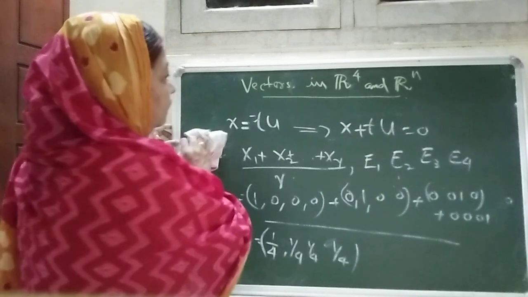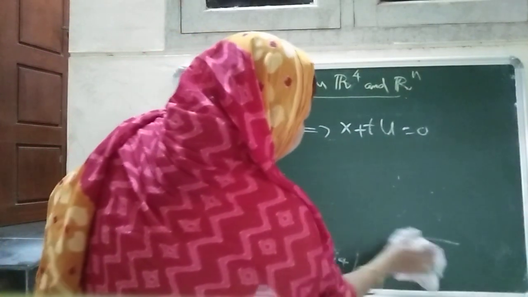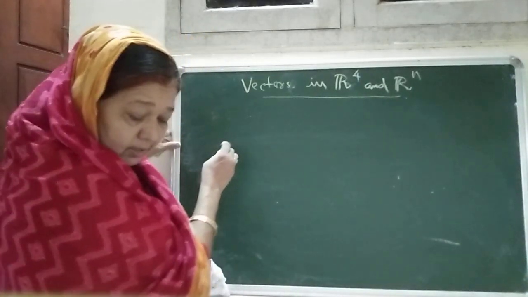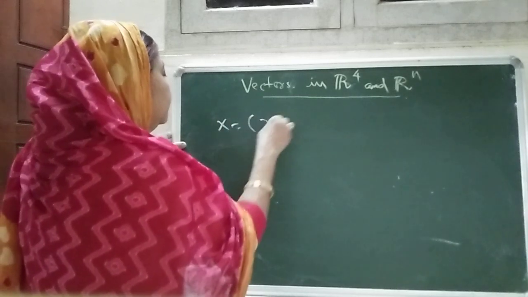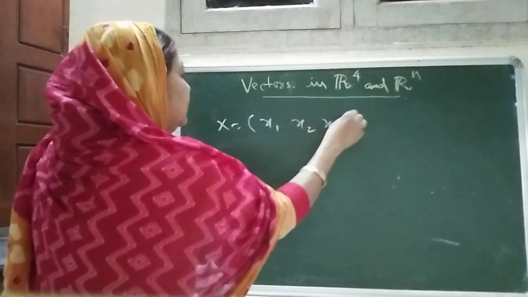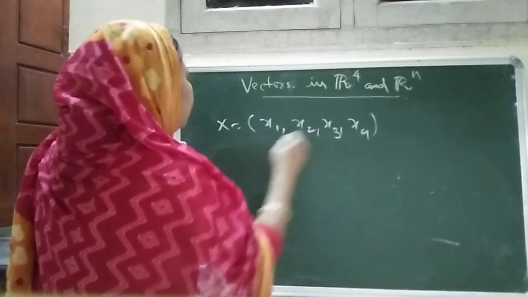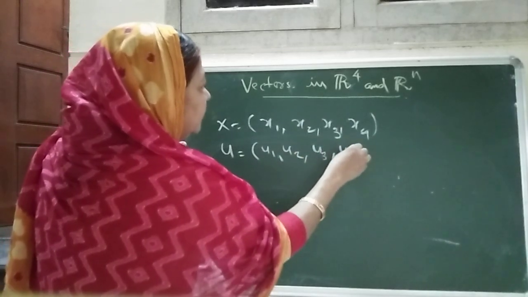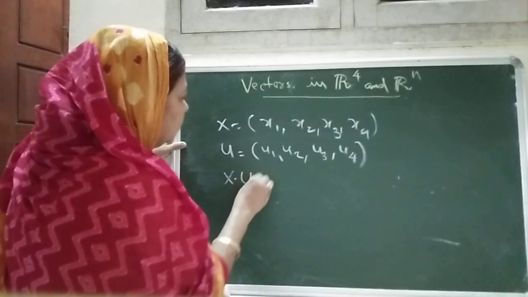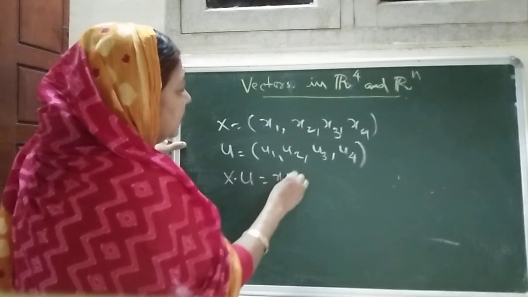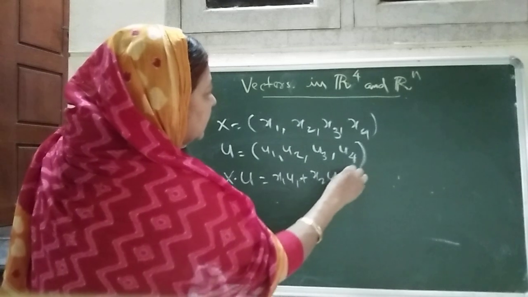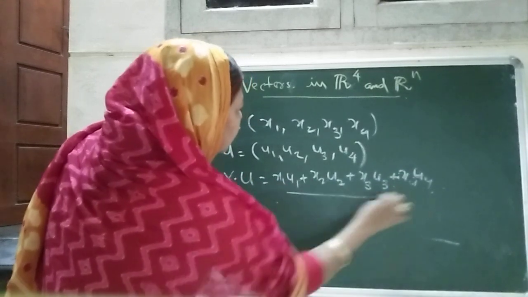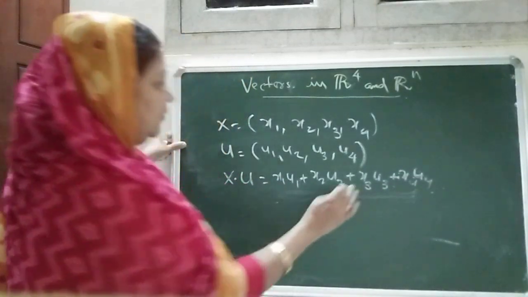Then let us discuss the dot product of these vectors. Just similar to 3 dimension, we know if x equal to, say, x1, x2, x3, x4 and u equal to u1, u2, u3, u4, then x dot u equal to x1 u1 plus x2 u2 plus x3 u3 plus x4 u4 is the dot product.